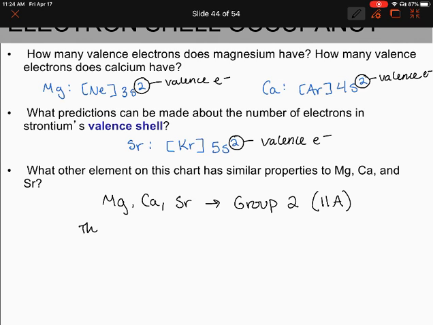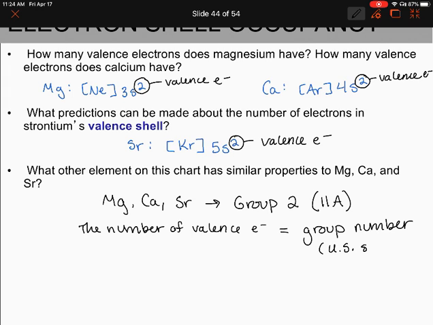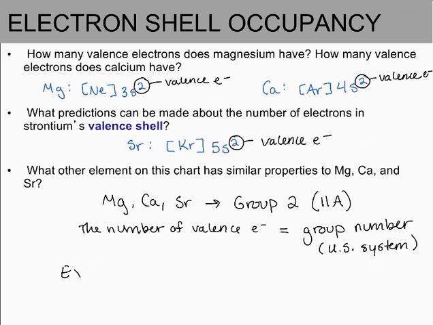So the number of valence electrons is equal to the group number. However, we're going to use the US system. So for instance, let's look at fluorine, for example.